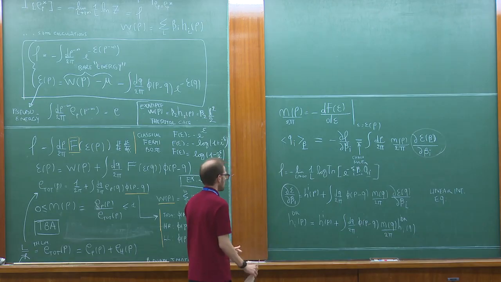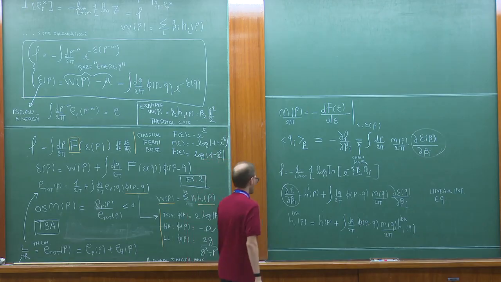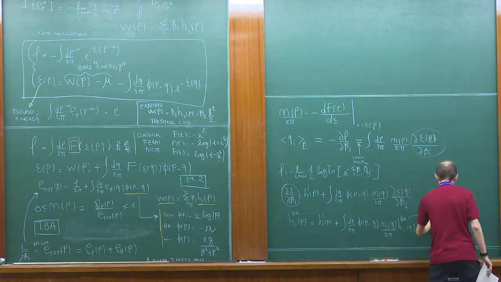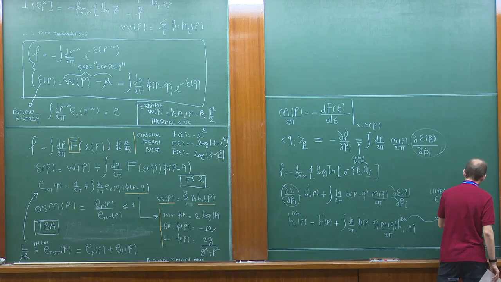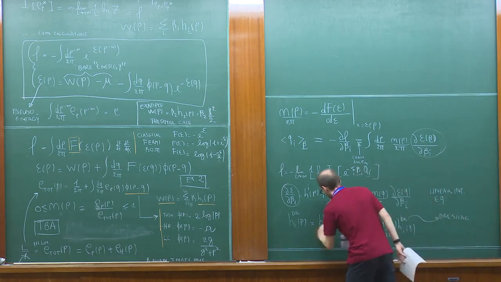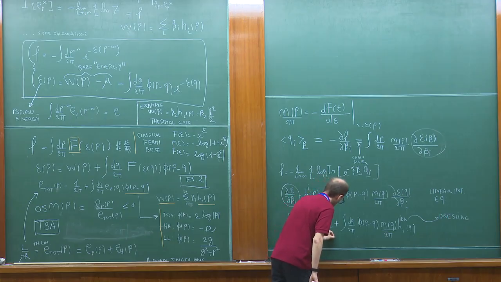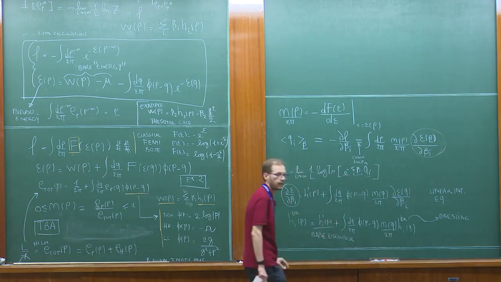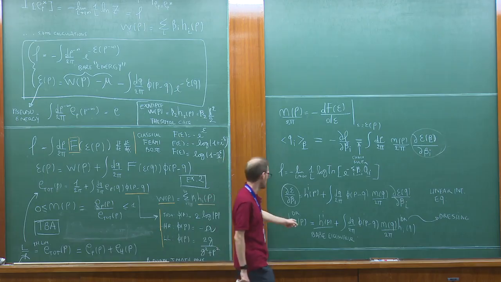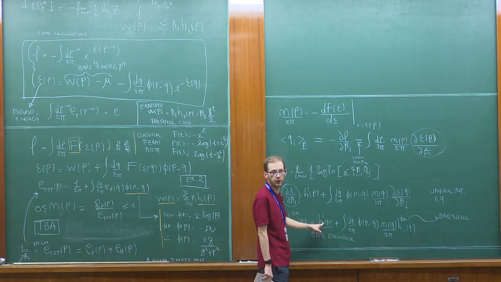And what is the interpretation of this object? This dr means dressing. Let's say imagine that h_i is the bare single particle eigenvalue. For instance, if you take i equal to energy, this is p squared over 2.